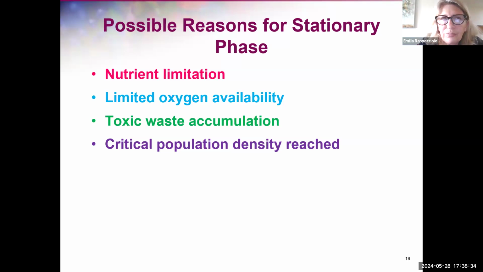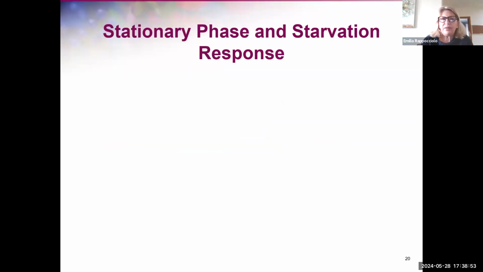Toxic waste accumulation, like for instance acids that might be the end product of fermentation, but also density of population. So maybe the number of cells in the space is becoming too much. So you have this critical population density.